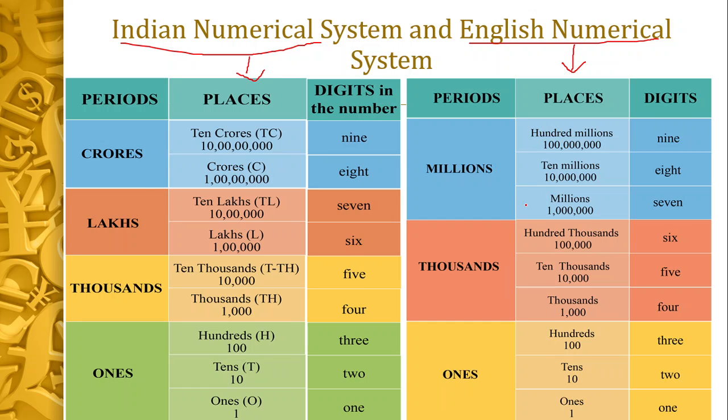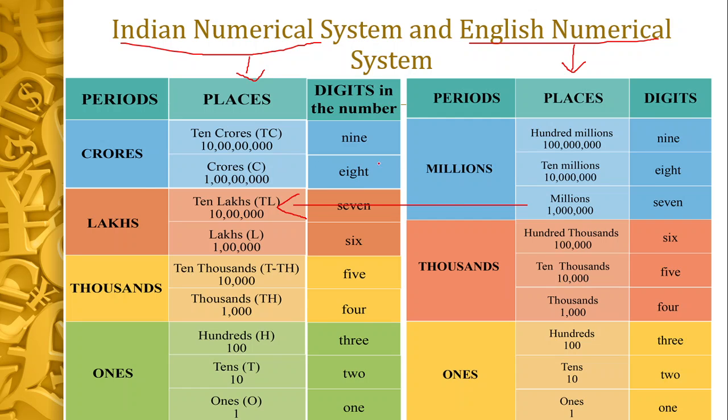So this is what I said the other day. 1 million is equal to 10 lakh. If you know that, it would be easier. And always remember that for 10 lakhs there should be 6 zeros, or for 1 million there should be 6 zeros.